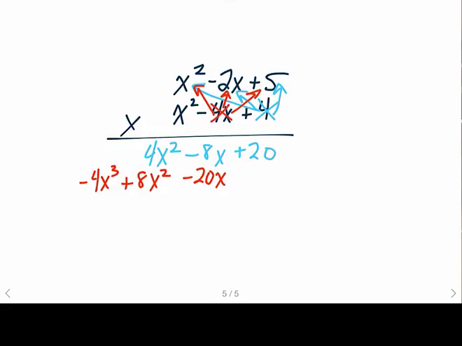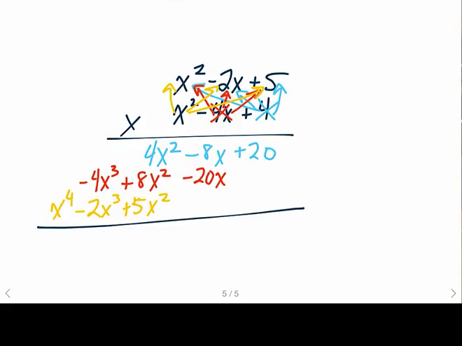Now I've exhausted negative 4x. On to the other term in the bottom polynomial, x squared. X squared times 5 is a positive 5x squared. Again, still stacking like with like. X squared times negative 2x is negative 2x cubed. And finally, x squared times x squared is x to the 4th.